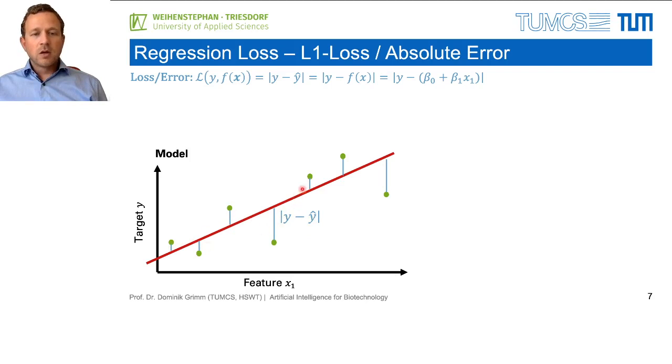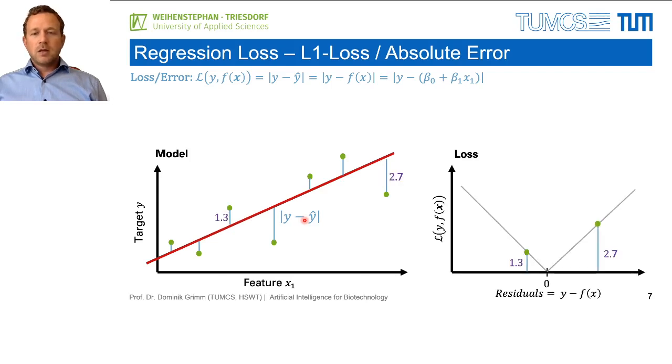This we compute here for all the samples in our dataset. And this gives us the loss of our linear function compared to our data points. So here I plotted the loss again. On the y-axis you can see the loss for a given variable y and the prediction, and here we can see the residuals. So y minus the prediction is also called the residual, and you see that when the prediction is equal to our y, then the loss is 0.